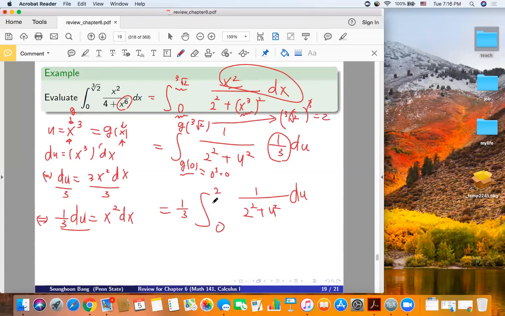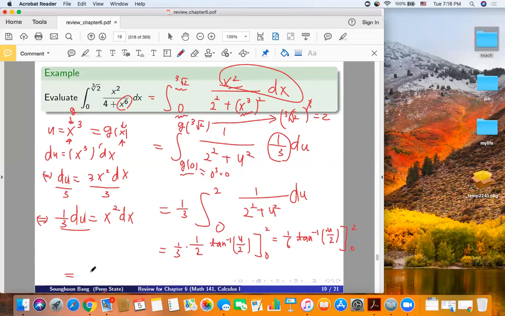Change it to here. So what is the answer? This is 1/3 times the integral of 1 over 2 squared plus u squared du, which gives an inverse tangent: 1 over 2 inverse tangent of u over 2 from 0 to 2. That is 1 over 6 inverse tangent of u over 2 from 0 to 2.